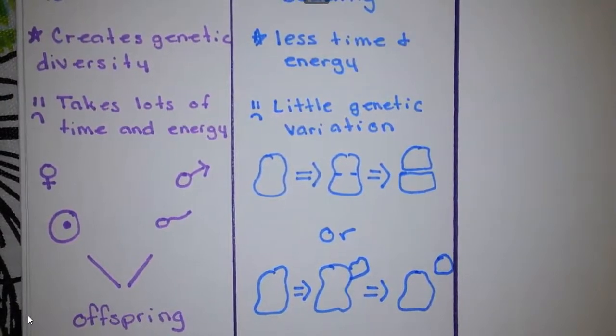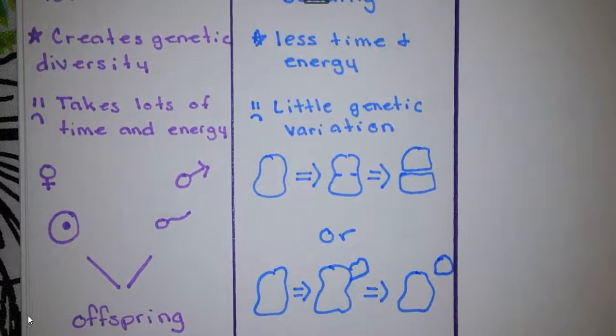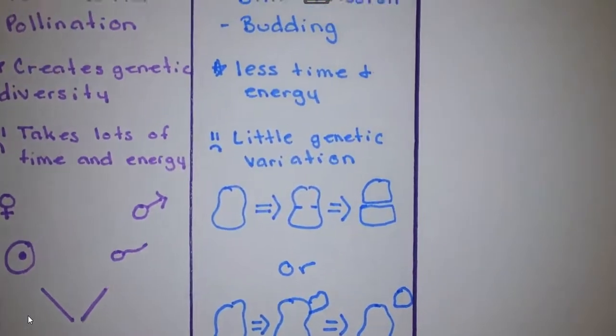Now, moving on to learned behaviors and inherited traits. So I did divide the paper in fours, just so that I could fit in more information. And this is actually going to help you a lot when we are reviewing for the unit exam. So please be paying attention to this. Here we go, red and blue.